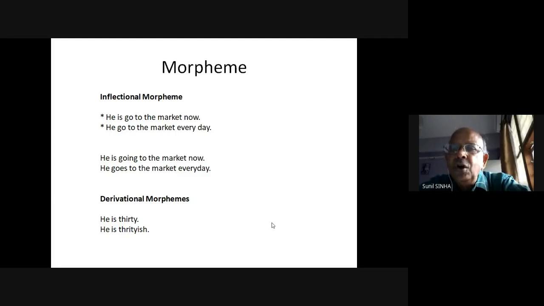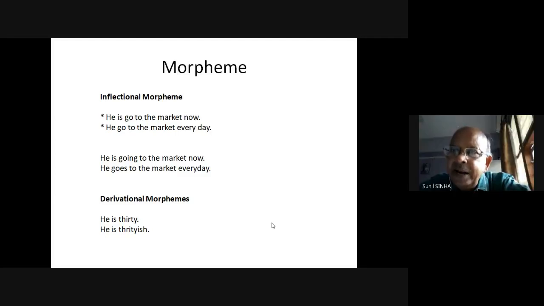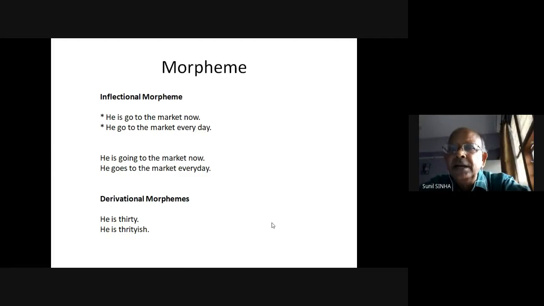Now my question is, why do we need ing on go in the first sentence? To understand the meaning or to make the sentence grammatical? Obviously, the answer is that we need ing on go to make the sentence grammatical. There is no problem in understanding the meaning of the sentence.